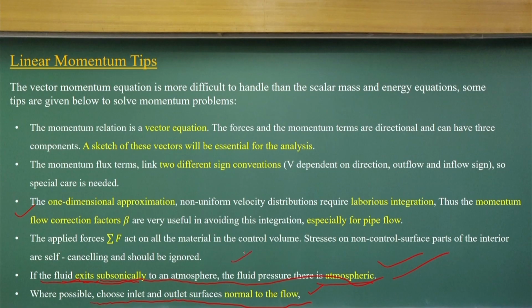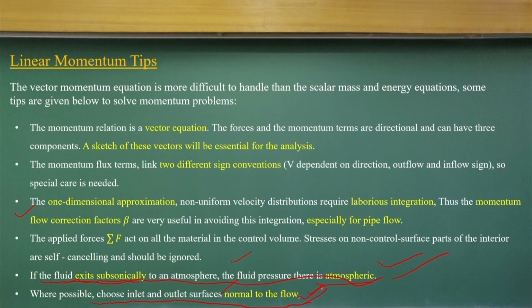The last two points I want to talk about: in many cases we consider flow exiting into the atmosphere at subsonic flow levels, that means flow Mach number is less than 1. In that case, you can consider the pressure equal to atmospheric.